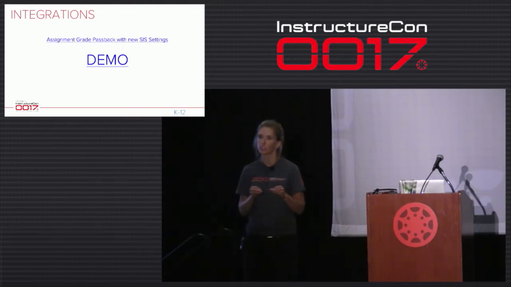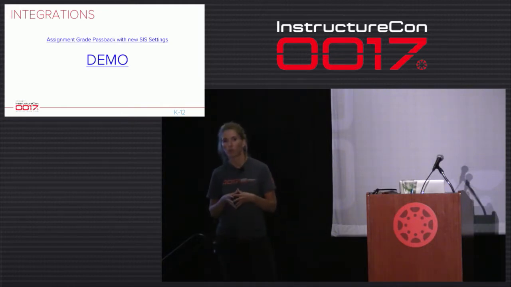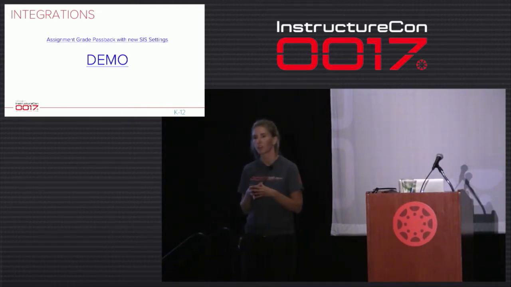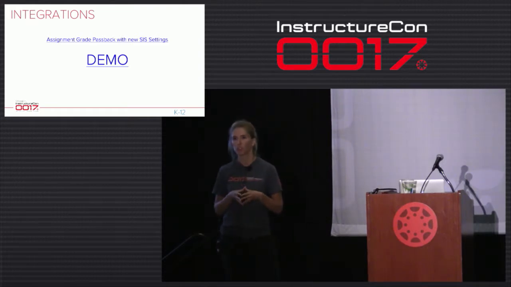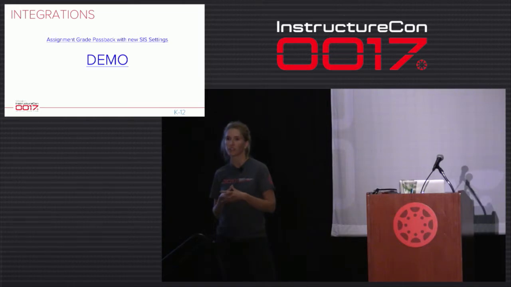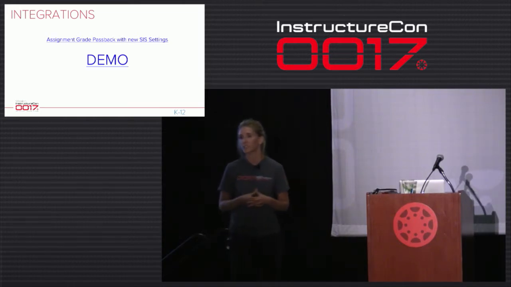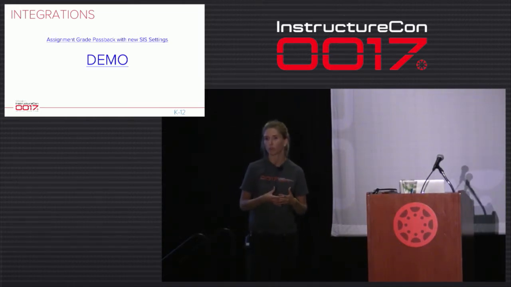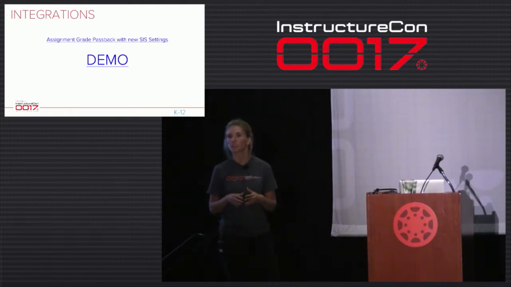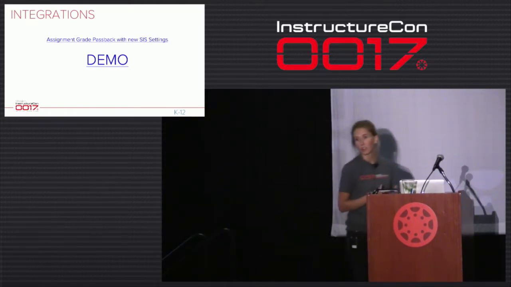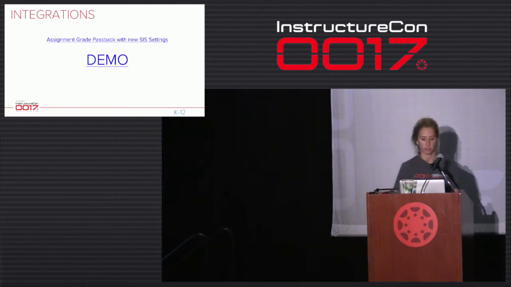Those tools are connected with the platform, and if, for example, one day you have to switch SIS provider, you won't have to retrain your teachers on how to pass the assignment grade back to your SIS gradebook. As long as that SIS provider is integrated with our platform, the experience will remain the same. So allow me to demonstrate it in my Canvas environment.